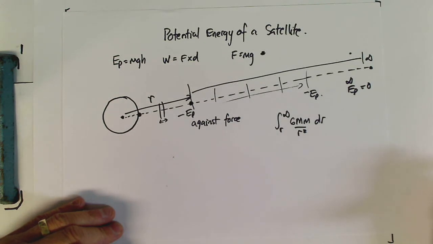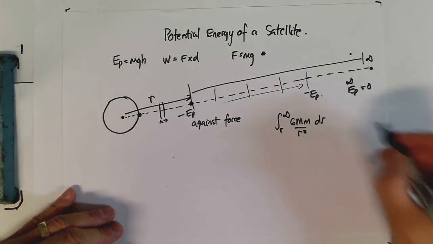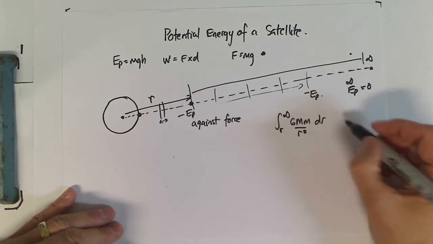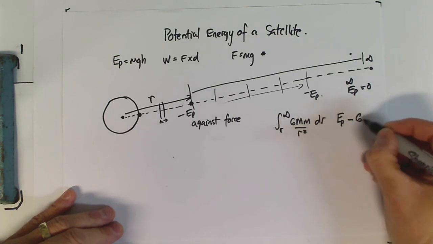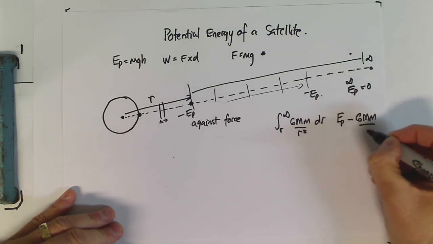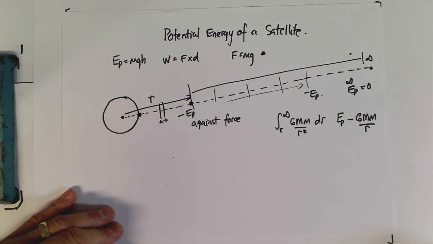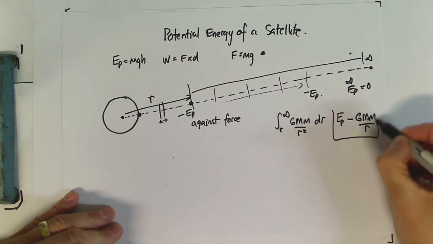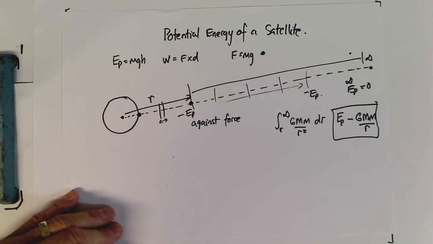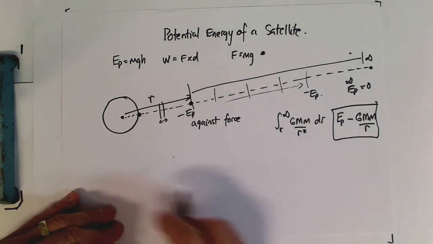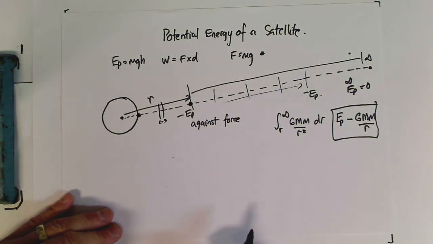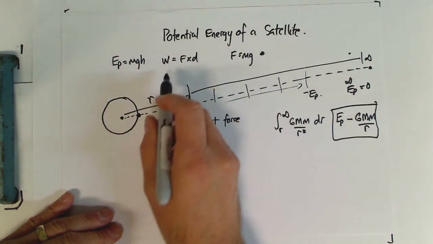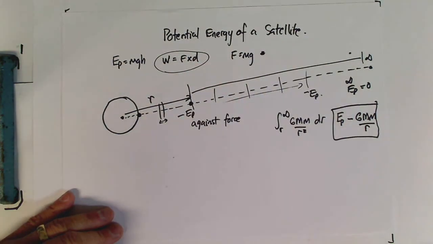I won't do it, but it should be no surprise to you that it ends up being a negative, and it ends up being just 1 over r. So that's the potential energy, and that's the one that we need to remember. Now, we've got a formula for potential energy at that point. It was just the work equals force times distance, but we had to use calculus.